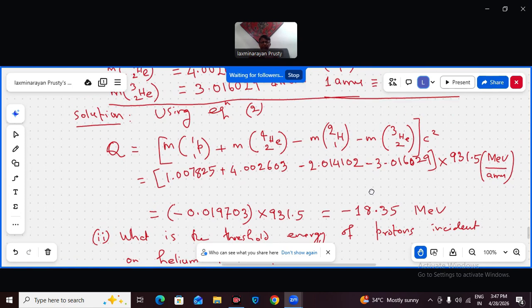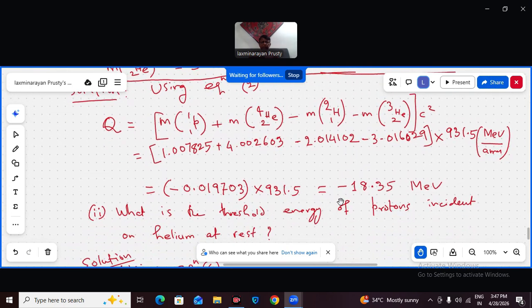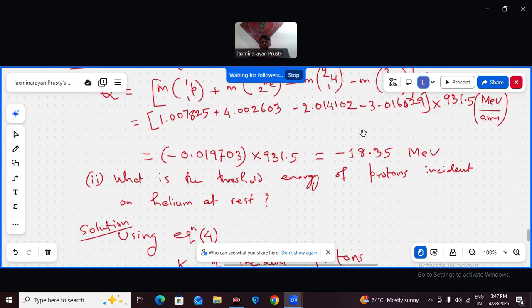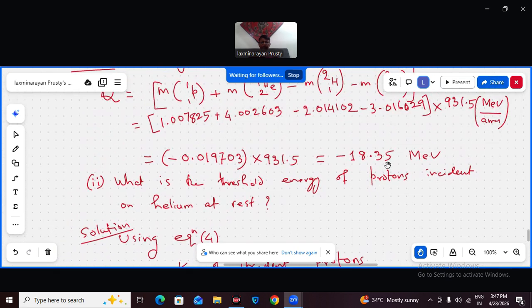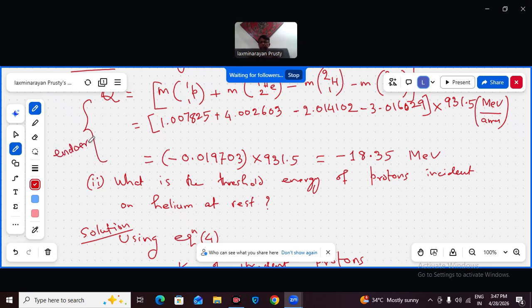You add and subtract, take the data, and that becomes minus 18.35 MeV. So it's an endoergic reaction. Yes or no? This is an endoergic reaction. I'll write endoergic reaction.